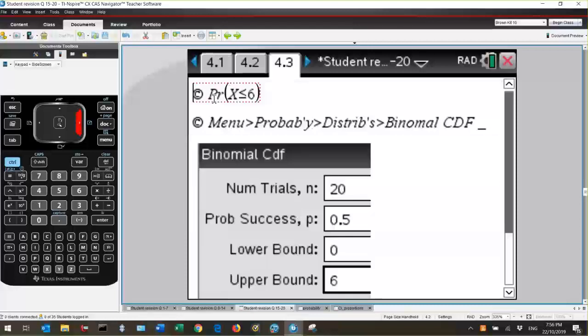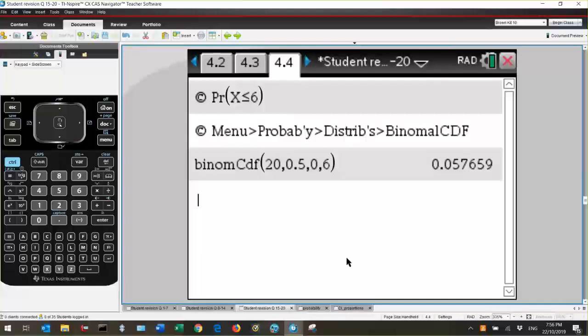Okay, so probability that X is less than or equal to 6. I can go to menu, probability distribution, binomial CDF. There are 20 trials, the probability of success is 0.5, and it's from 0 to 6. And 0.05765, and so on.